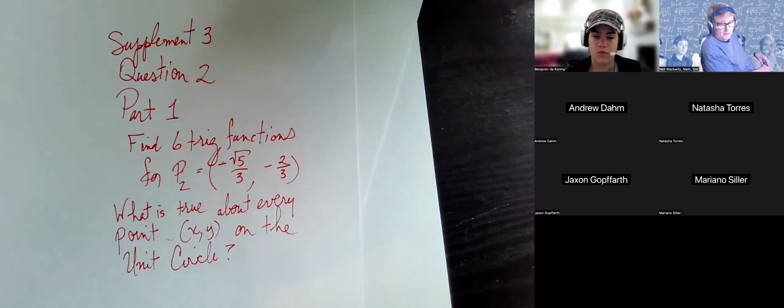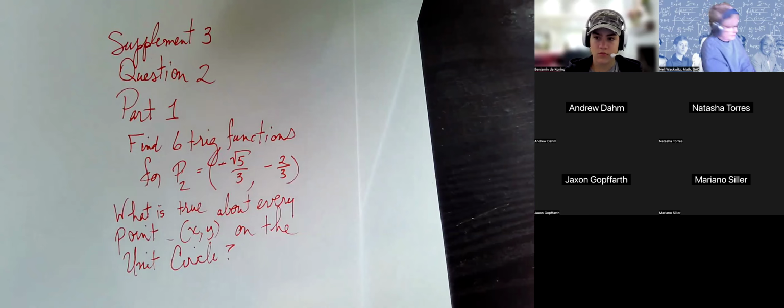What do we know about x and y if (x, y) is on the unit circle? That it all equals one.